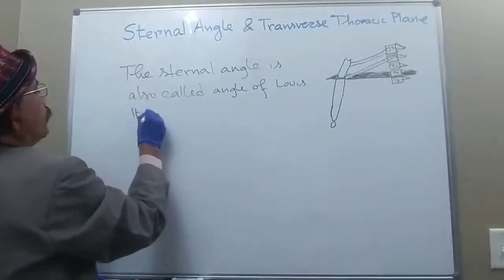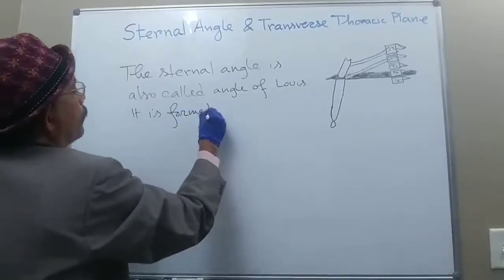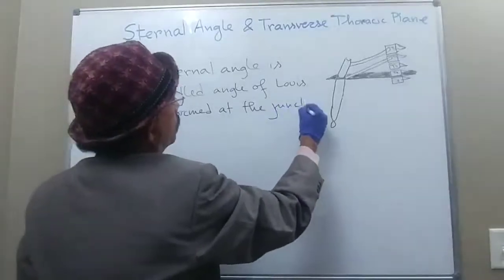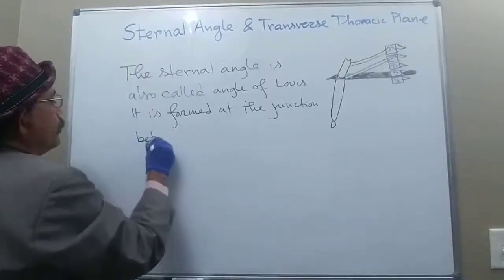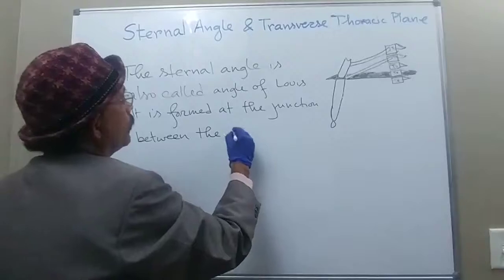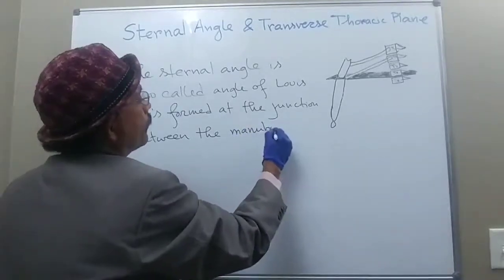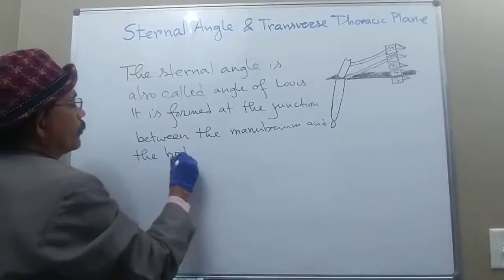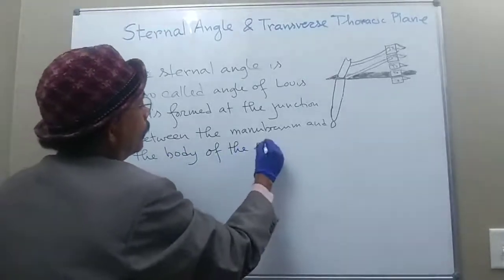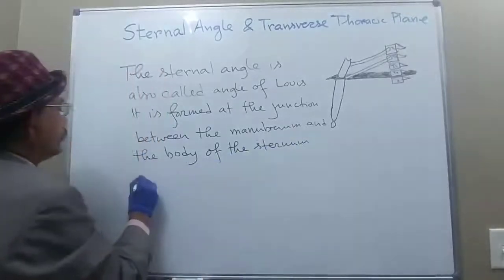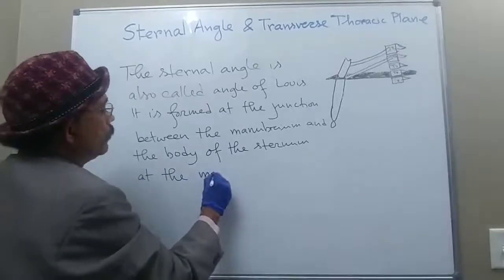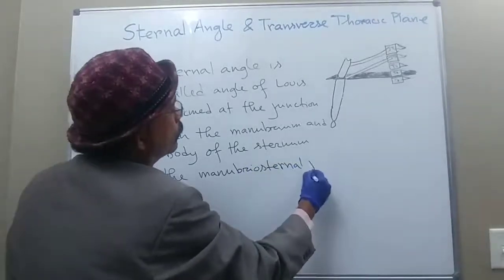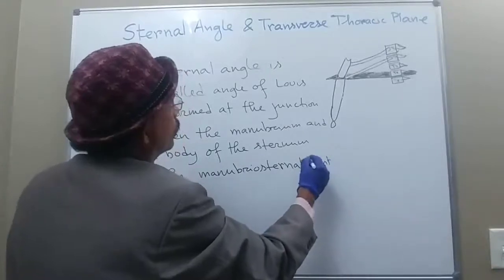It is formed at the junction between the manubrium and the body of the sternum, at the manubriosternal joint.